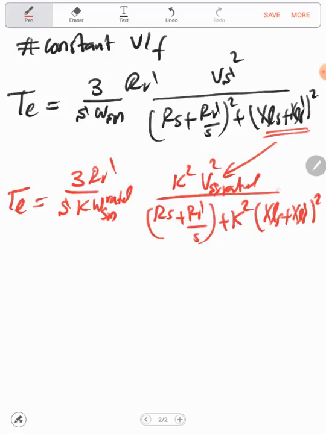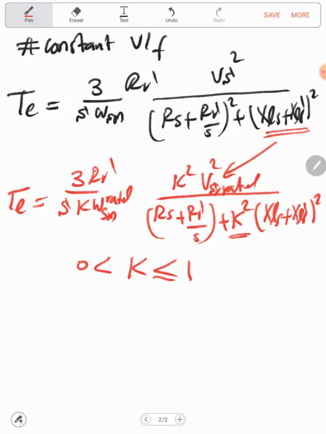So simply now you can use the same value of the reactance, except that now we are scaling the reactance according to the frequency. And recall that K in this case is less than or equal to 1 and greater than 0.